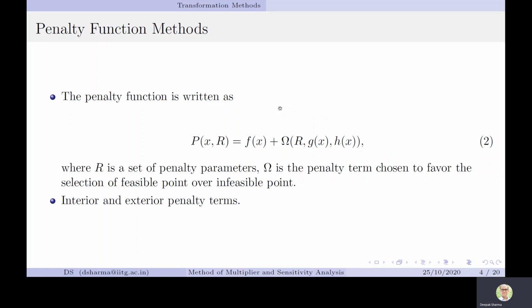So as of now, we have gone through the penalty function method in which the penalty function P of x, R is written in terms of the objective function value f of x plus the penalty term, which is represented by omega. In this penalty function method, this omega term is chosen based on the interior and exterior penalty function terms.